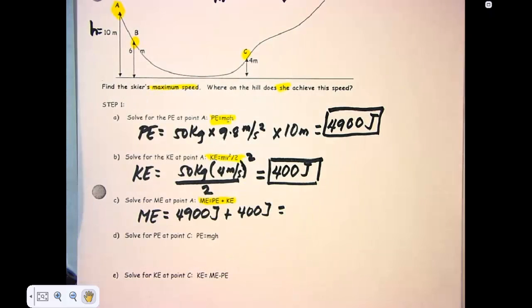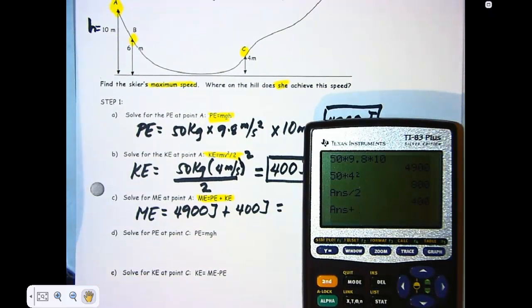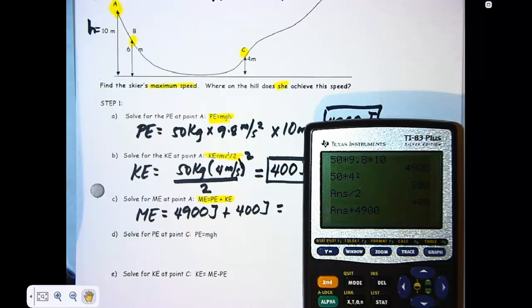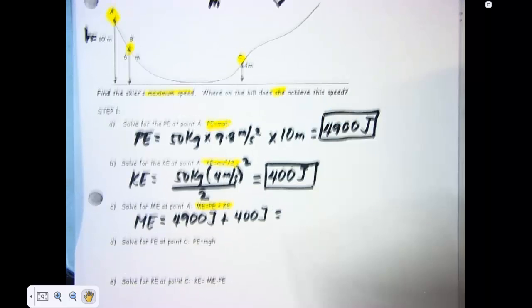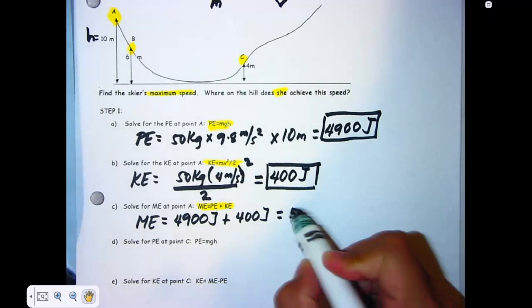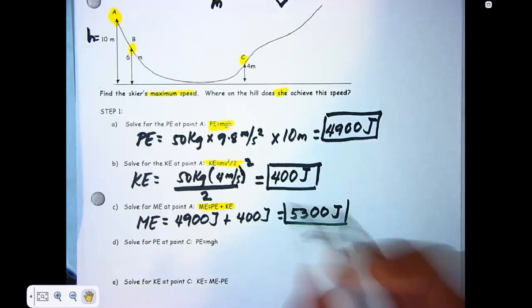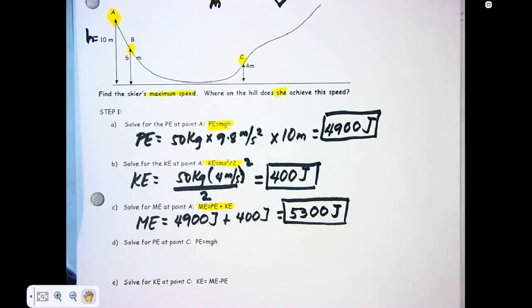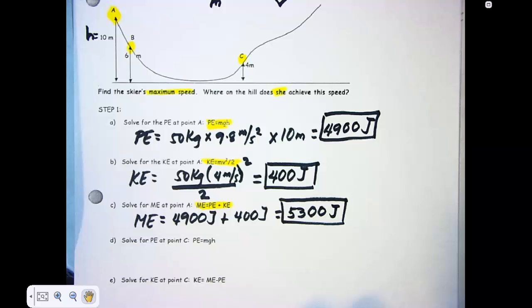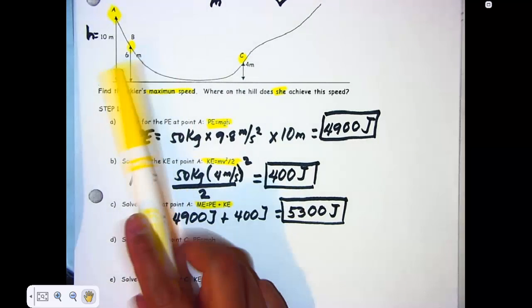When you plug that in the calculator, 400 plus 4,900 will give us 5,300. So the total mechanical energy at point A is 5,300 joules.